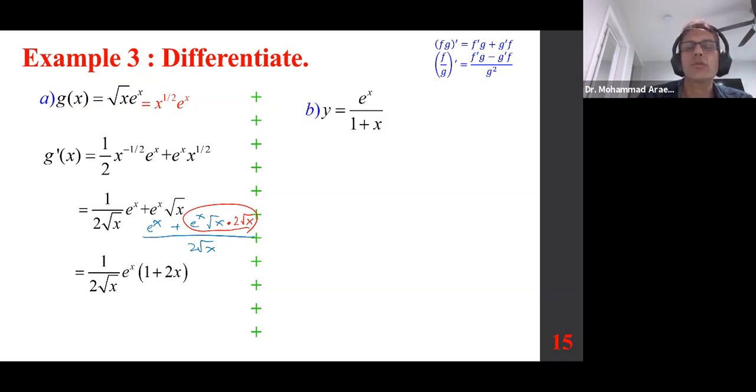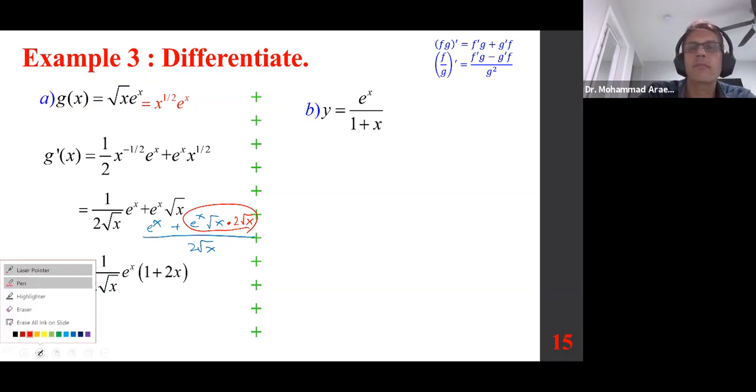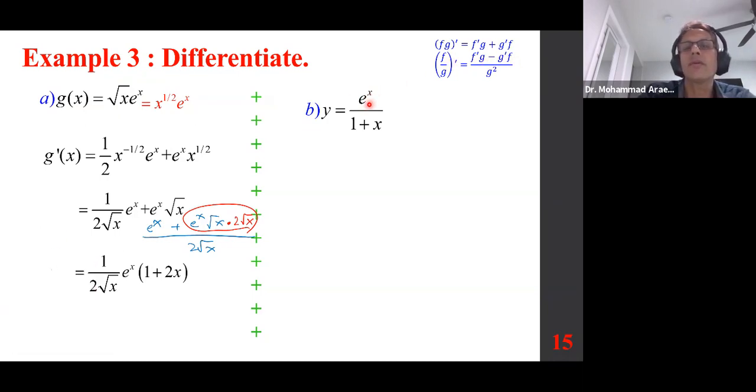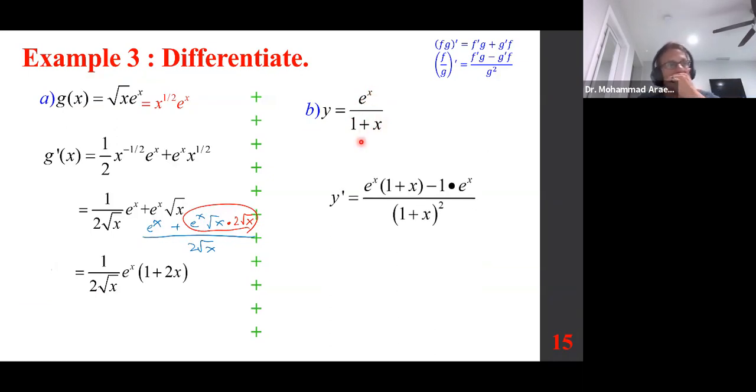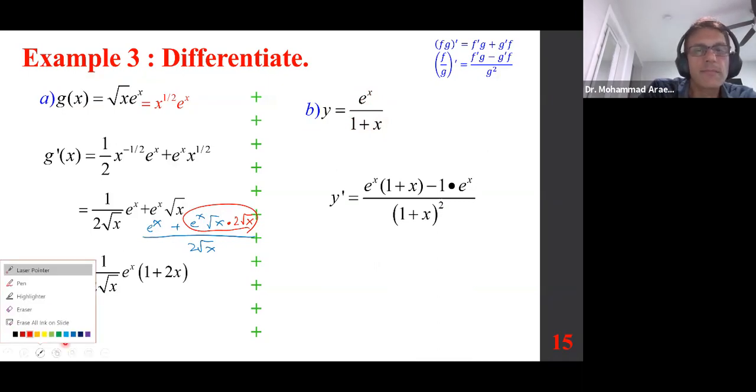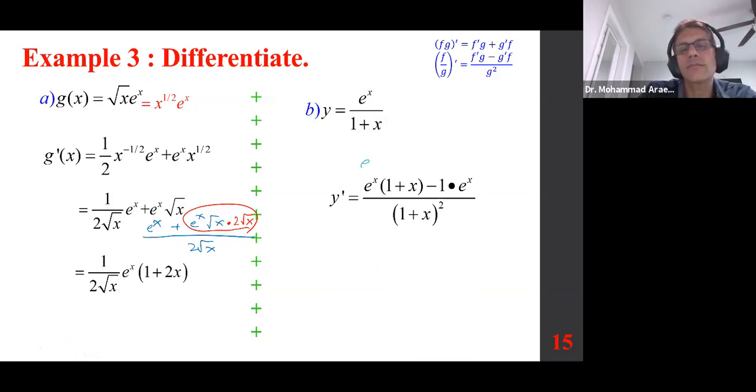You use the quotient rule on this. The derivative of the top is itself times the bottom minus the bottom gives us just 1 times the top over the bottom squared. And now, again, you're done with calculus. You distribute.